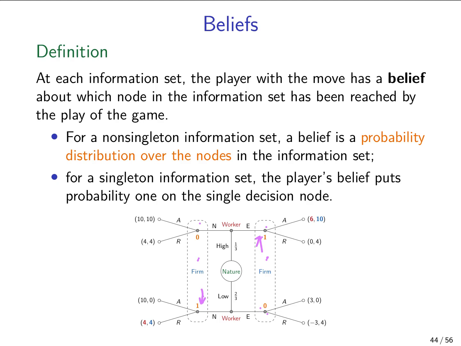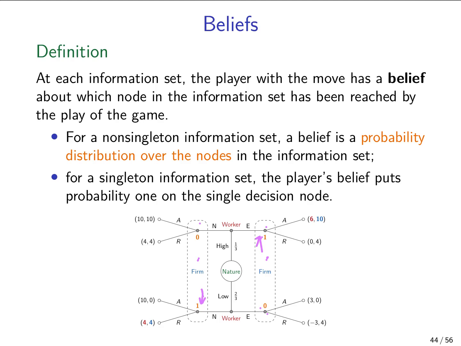It could be some number, but we're talking about one particular equilibrium. And in that equilibrium, the firm believes that if there's no education, the worker with probability 1 is a low type. Okay, so that's the belief.